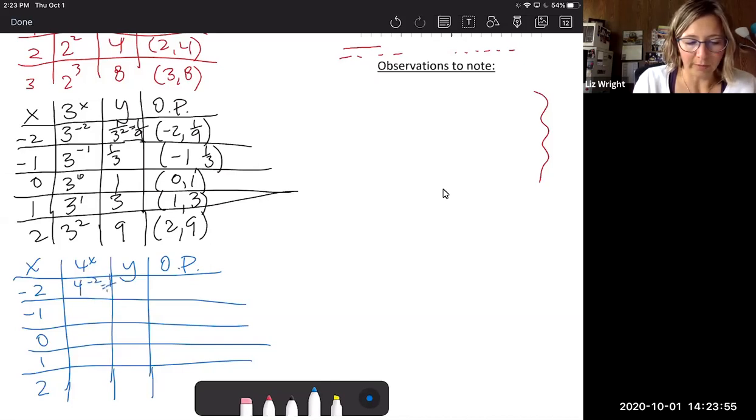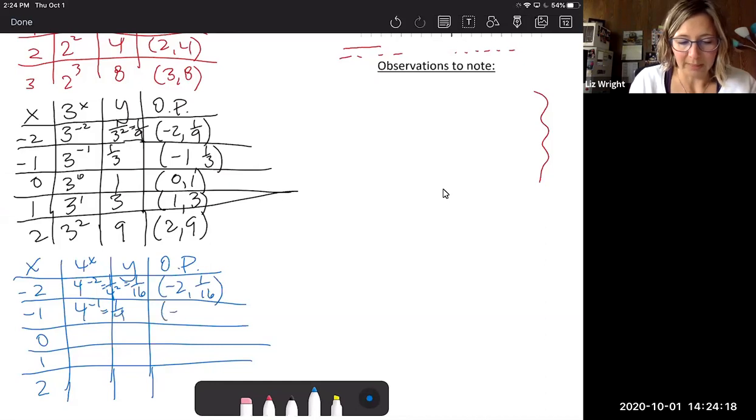That's going to be 1 over 4 squared, which is going to be 1/16. So we're going to have -2 and 1/16. And then because I'm going to have to shift up and down so many times to graph, I'm just going to keep filling in my table, and then I'll graph when I'm done with my table. So then I'm going to do 4 to the -1, which is going to be 1 over 4, so -1, 1/4.